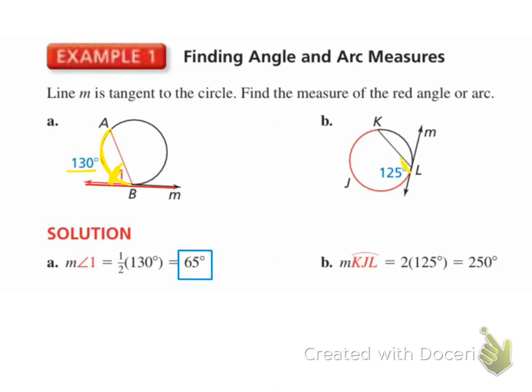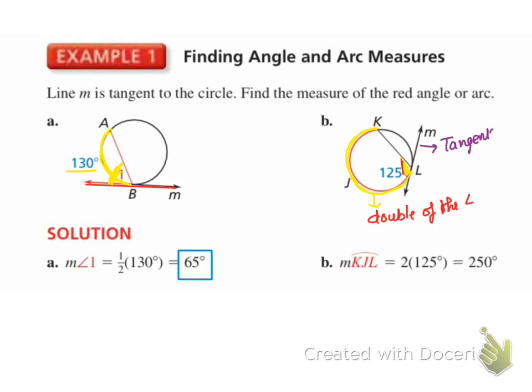This is our tangent to the circle, this angle is given, and we have to find the red arc. The angle is always half of the arc, which means the arc is always double the angle.